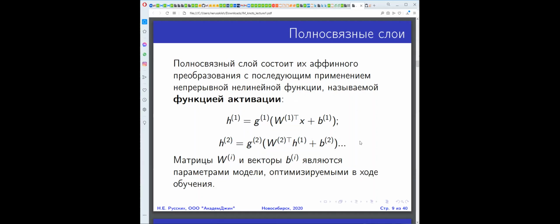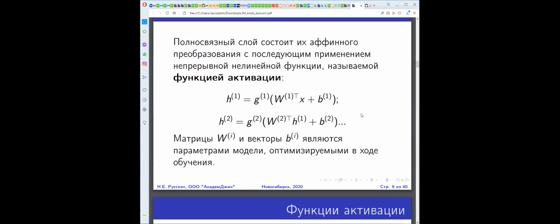So if the activation function was linear as well, we would not go out of the linear function class. And as you have already seen, not all data is linearly separable. Even more, most of it is not.